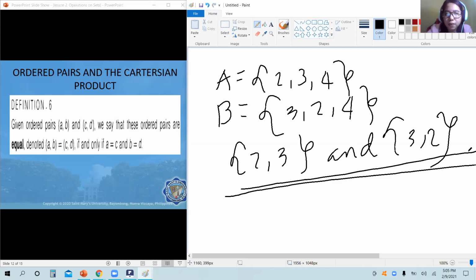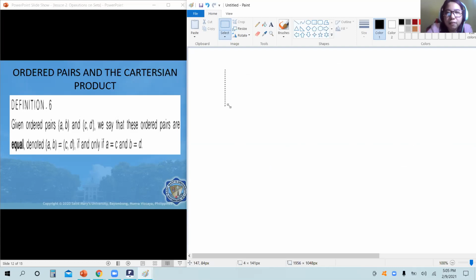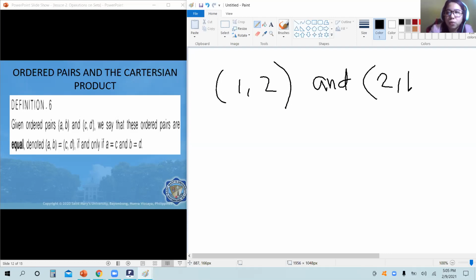But this is for sets. What if we have ordered pairs, let's say (1, 2) and the other one (2, 1)?